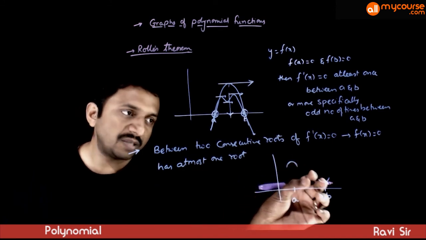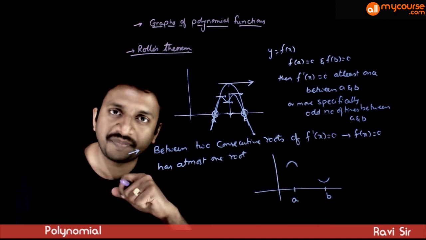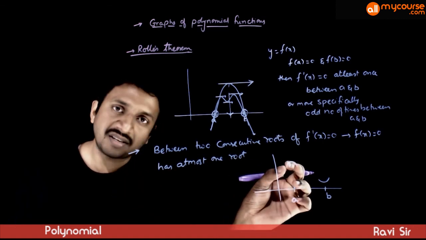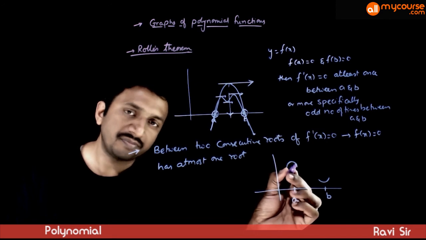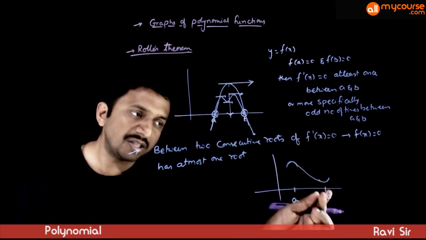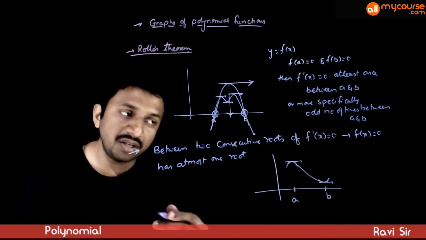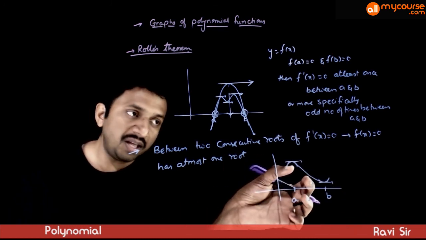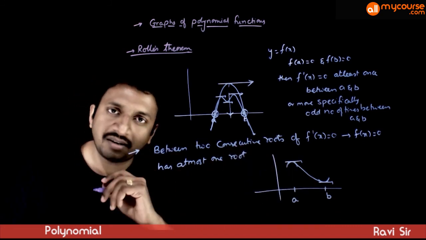So here, if it is a maxima, the next consecutive root should correspond to a minima. So if the graph is like this at a and like this at b, if you connect these two, because a and b are consecutive roots of f dash of x is equal to 0, in between a and b, f dash of x is not equal to 0. So they have to get directly connected.